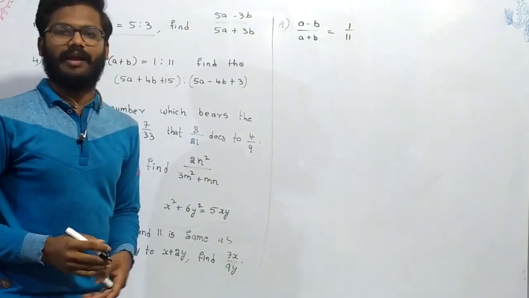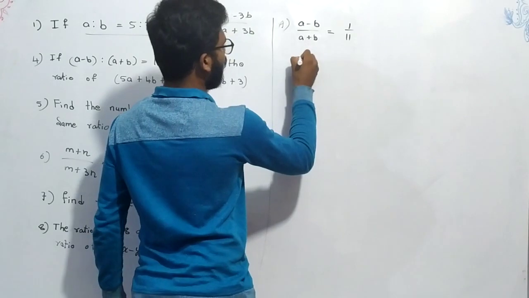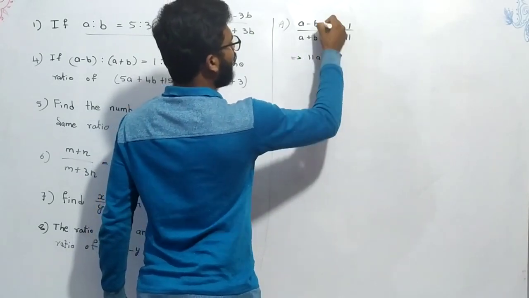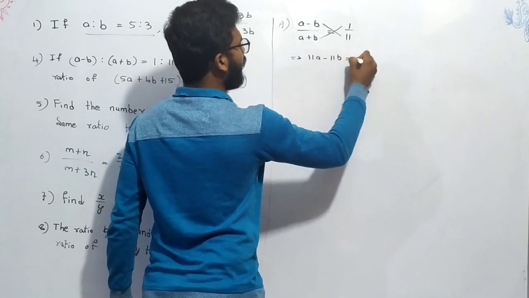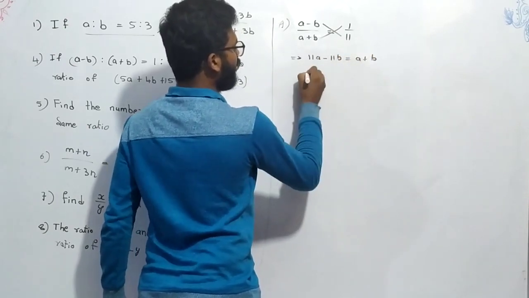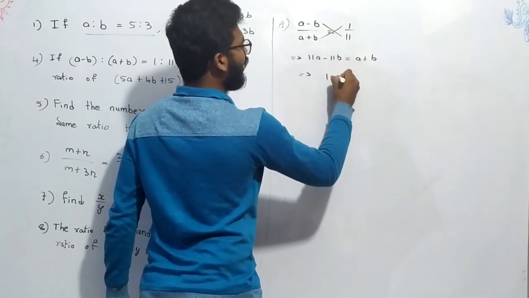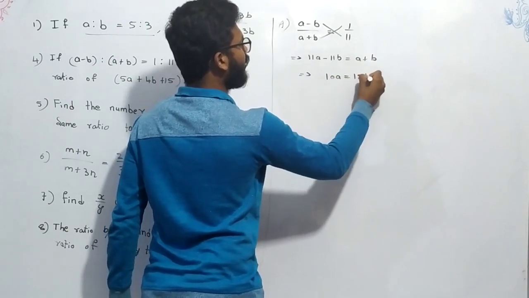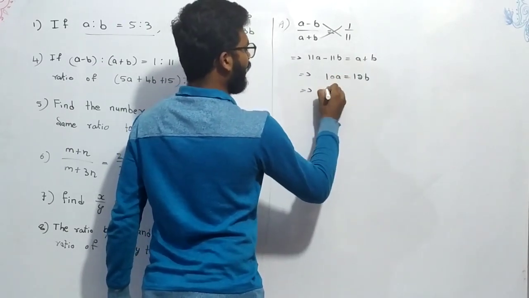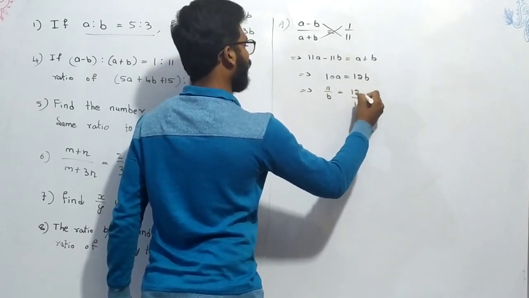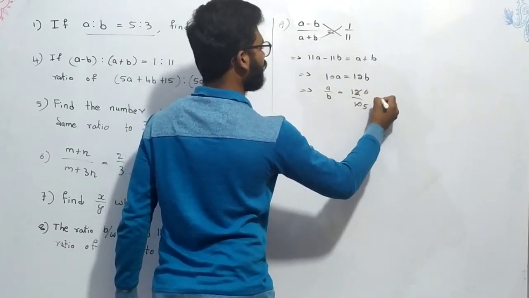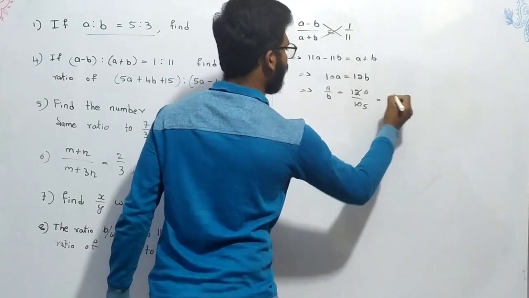By cross multiplying, what can we get? 11 into A minus B, nothing but 11A minus 11B, equal to A plus B. So 10A equal to 12B. So A by B equal to 12 by 10, nothing but 6 by 5.